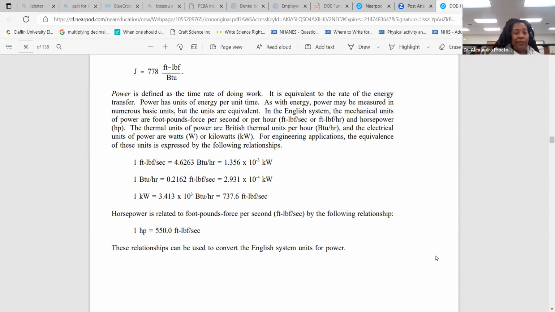And horsepower is related to foot-pound force per second. So 1 horsepower is 550 foot-pound force per second.